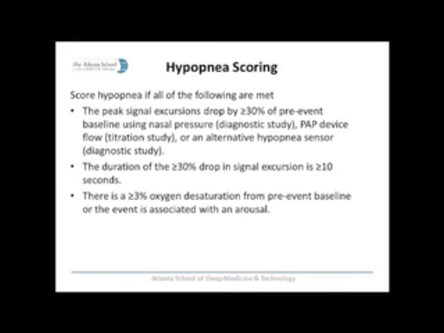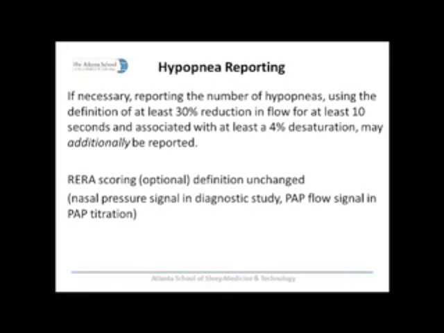The duration of that drop is at least 10 seconds. And there is either at least a 3% oxygen desaturation from pre-event baseline, or the event is associated with an arousal.